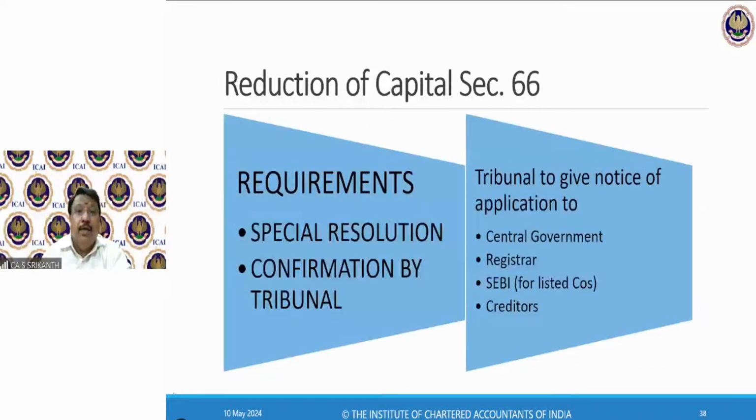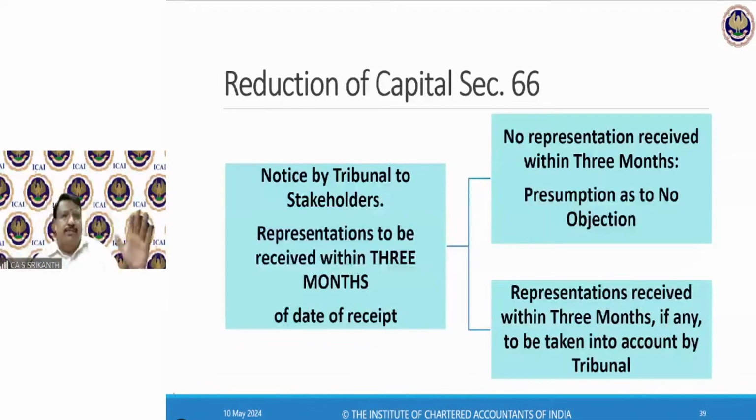Before doing that, the tribunal will give notice to all the interested parties: Central government, means the income tax department, the GST, the registrar of companies, SEBI, creditors, everybody will be given a notice and will be asked to give NOC. And all the creditors should give an NOC. Only if any creditor says, no, how can it be written off? He'll have an objection. So once everybody has confirmed it, then they can go for reduction of capital.